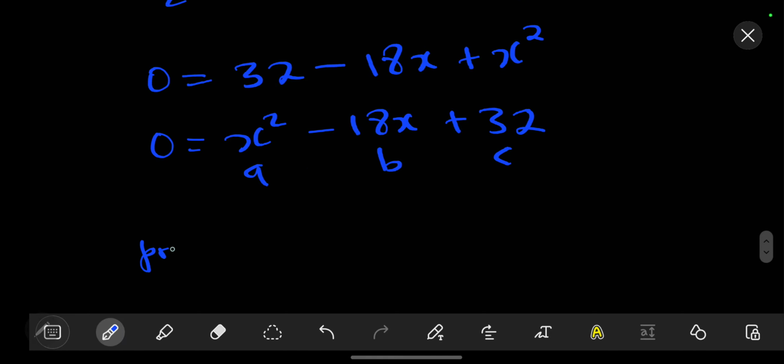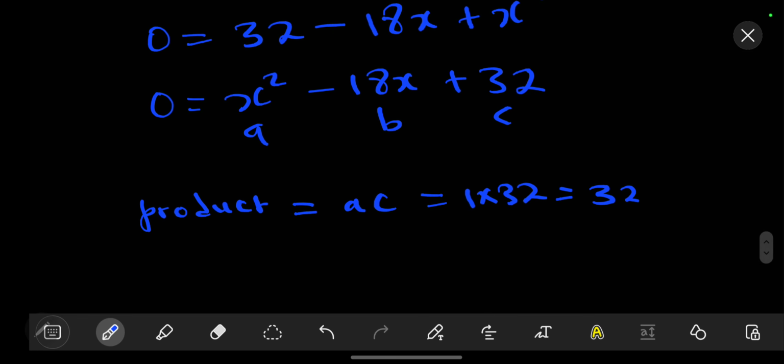So our product in this case is equal to AC. So a times c, which is just 1 times 32, which is equal to 32. Then we have our sum, which is equal to just b. In this case, it is equal to negative 18.